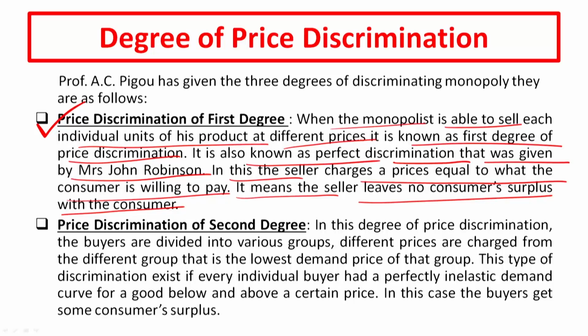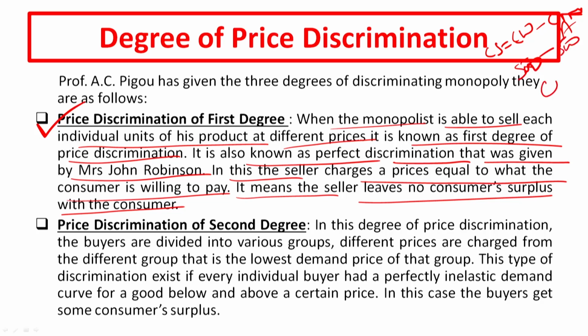Consumer surplus is equal to what the consumer is willing to pay minus what the consumer actually pays. So, the consumer is willing to pay 500 and he is actually paying 500.